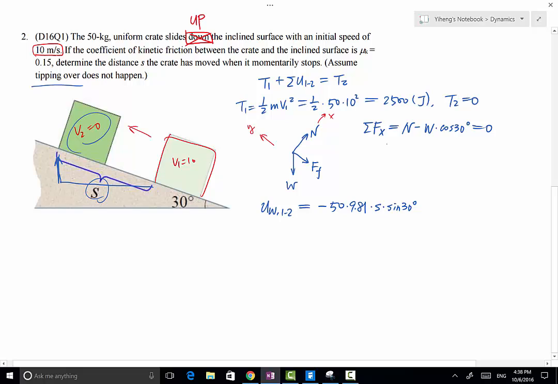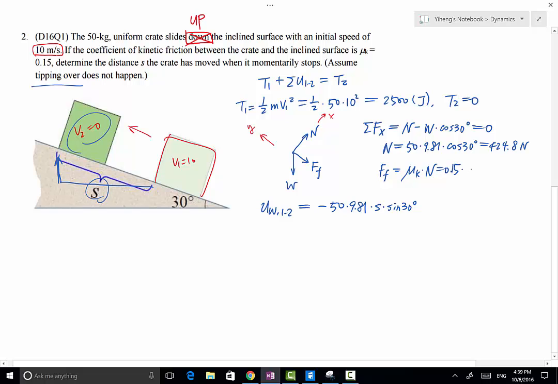From there, we can solve for the normal force to be 50 times 9.81 times cosine 30 degrees, and that equals 424.8 Newton.